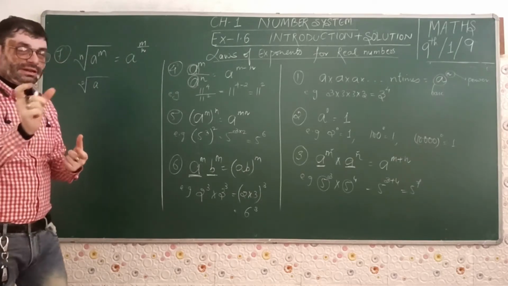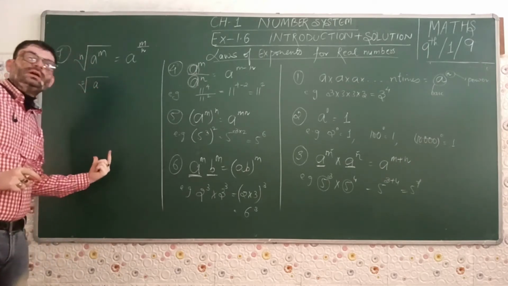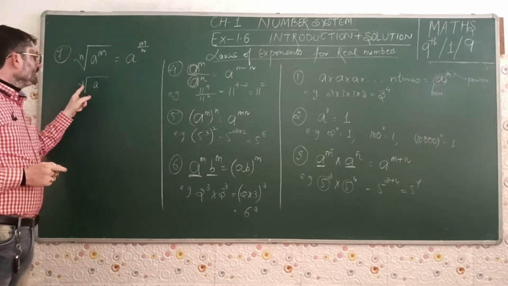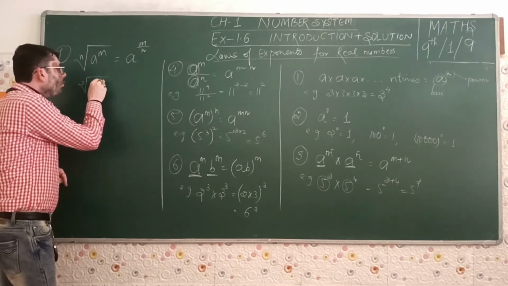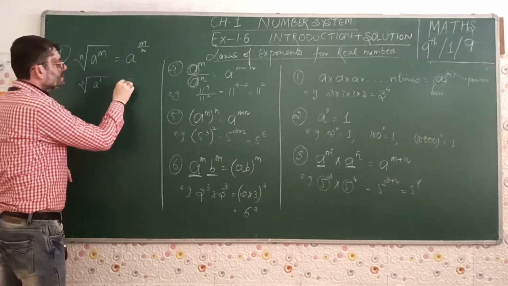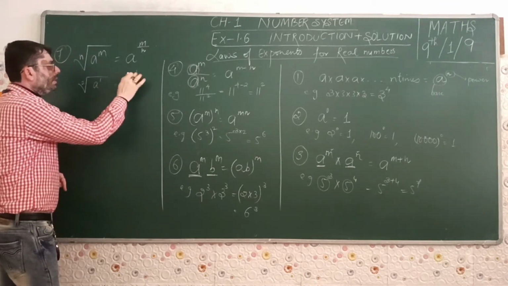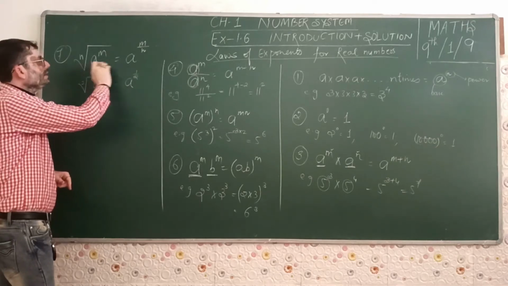Because if you remember, we were making pairs of similar numbers to take one number out of the square. So pairs we were making, that means here we have 2. Here the power of a is 1. So this can be written as a to the power 1 by 2. 1 is the power of a, and this is square root, that is why divided by 2, applying the rule.